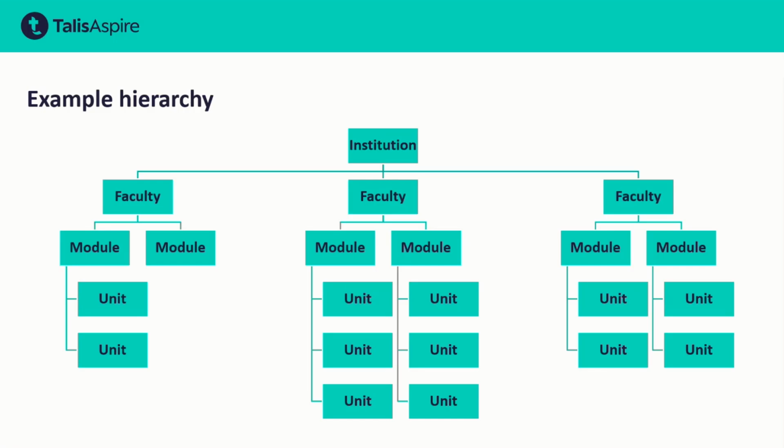There's no reason that it has to follow this structure. It might be that subdividing by faculty is not the way that you want to do things. It might be that modules don't come directly off of faculty. You're able to customize that. There are a number of different node types that you can use, but this is just to give you an idea of what it looks like whenever we talk about the hierarchy.